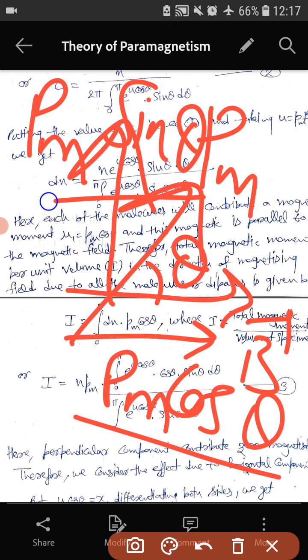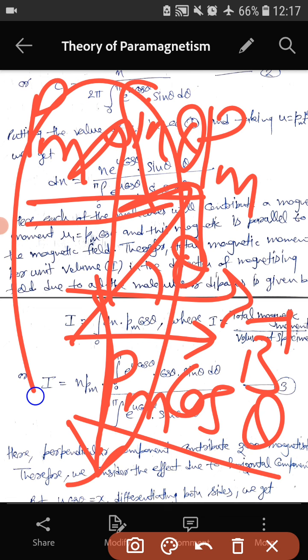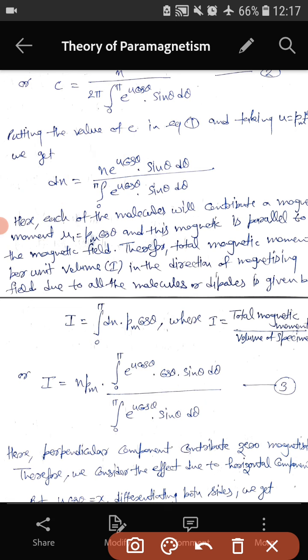But for some other molecule, this component might be in the opposite direction, vertically downward. So the net resultant of these two will always be 0. That is why only the cos component, the component along the magnetic field B, will contribute toward the net magnetization of the substance. So there will be zero contribution due to the perpendicular component.